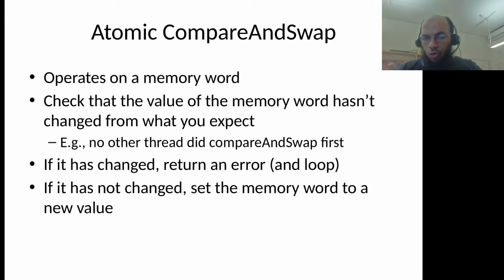So atomic compare swap, we said that this is an atomic processor-provided function or procedure that operates on a memory word, that basically checks that the value of the memory word that you are spinning on has not changed from what you expect.